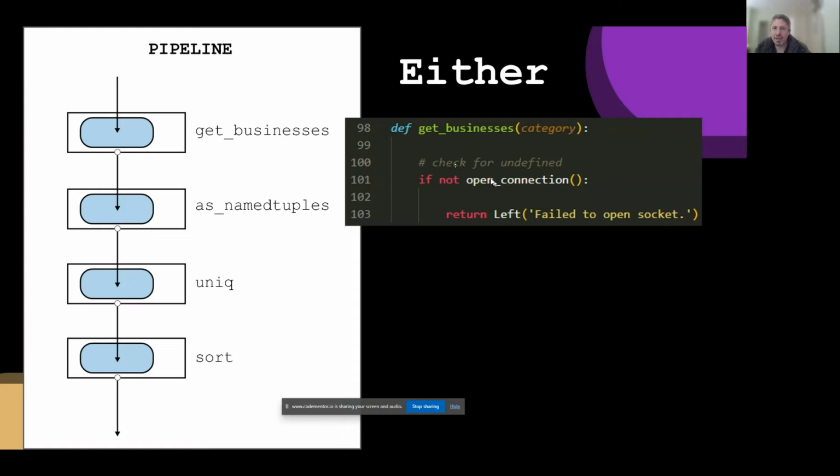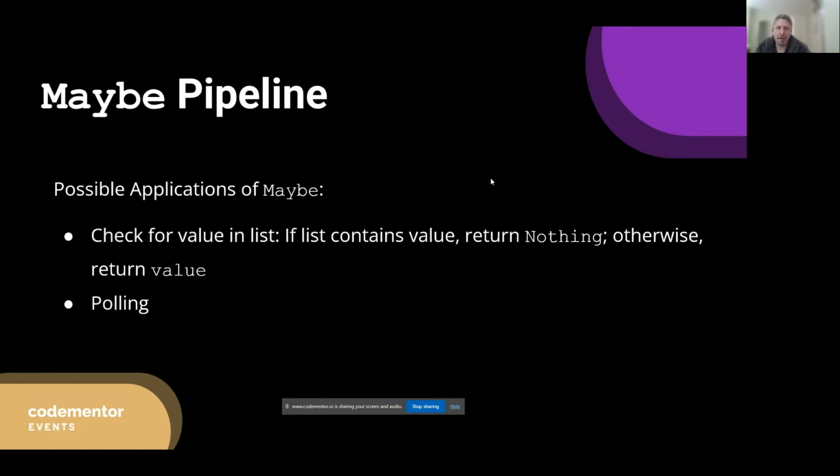implementation of exception handling. There are a couple possible applications of using a maybe pipeline. One would be something like if you're checking for a value in a collection. If the value exists, you would just return the value down the pipeline, or you would return a nothing. Another example would be polling.